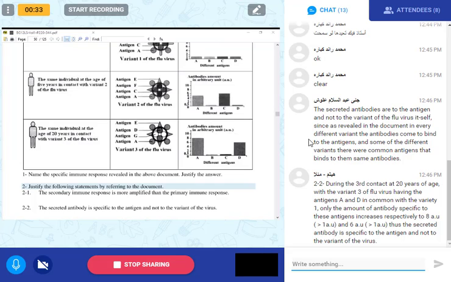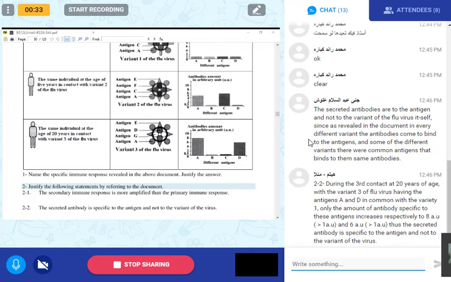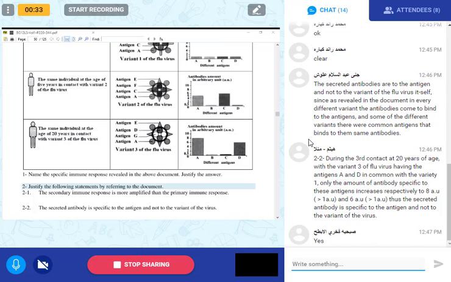Thus, the secreted antibody is specific to the antigen and not to the variant of the virus. Okay. Is it clear so far, everyone? Yes. For everyone? Okay.